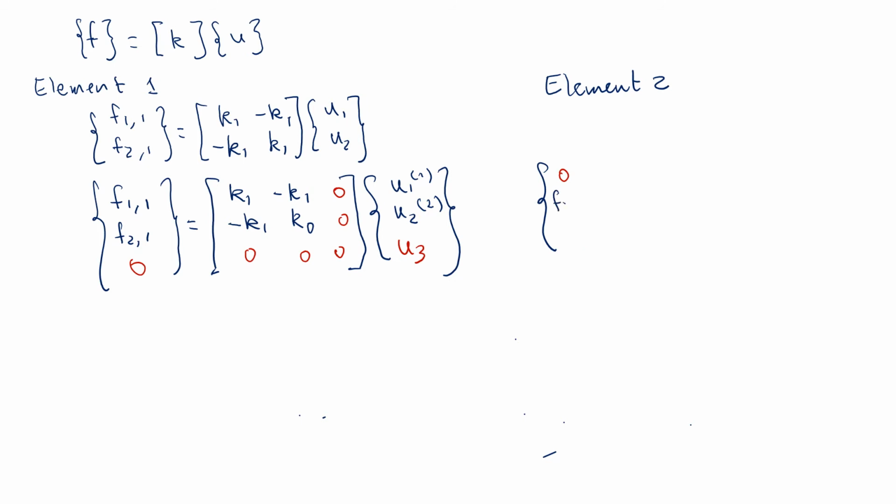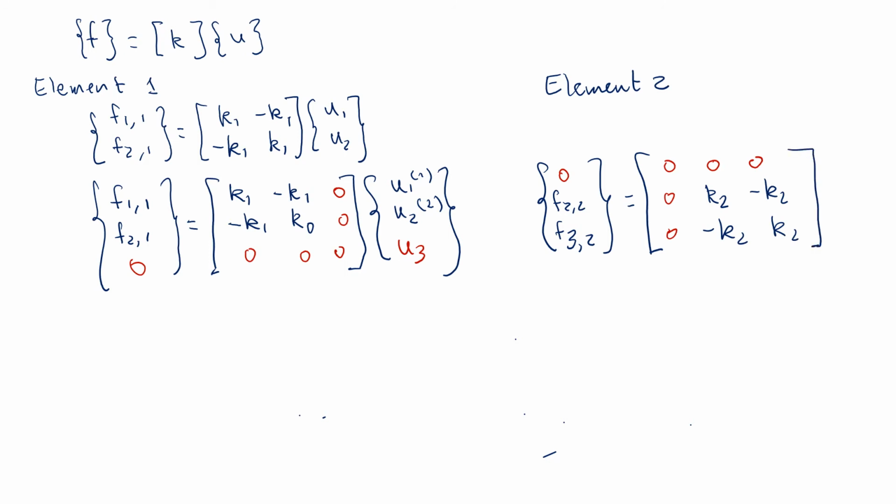This is equal to, and I'm going to put my zeros in the first row and the first column, and then put my stiffness elements, K2, minus K2, minus K2 and K2, multiplied by U1, U2,2, and U3,2.